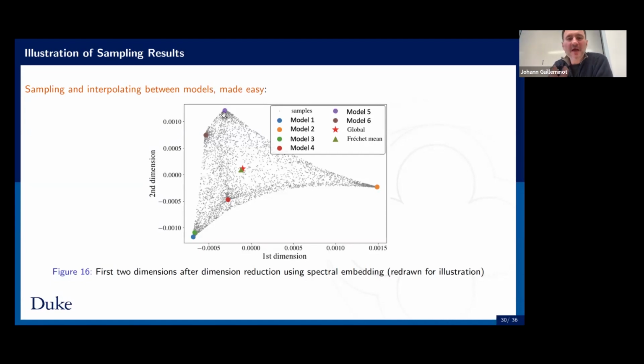This one says, well, I'm going to keep my Navier-Stokes, but I'm going to simplify the mechanistic part of it. This one could be, I'm going to simplify the Navier-Stokes, and so on. So I have those models, and what our framework allows you to do is sample between those models and draw predictions that are consistent with that collection of models.